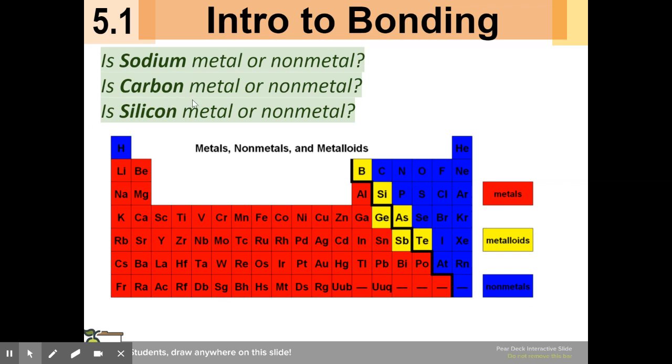Is silicon a metal or a nonmetal? Silicon is Si. Well, we see here that it's not a metal or a nonmetal. It's a metalloid. It falls in between. So if everything on the left is a metal and everything on the right is a nonmetal, those that fall on this dividing line are somewhere in between. They're shiny like metal, but they're brittle like nonmetal.